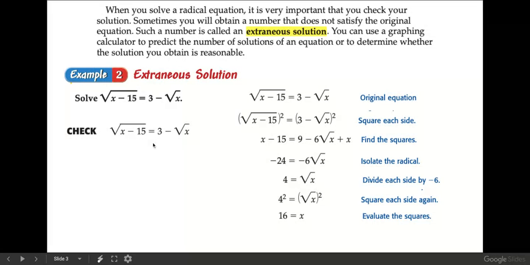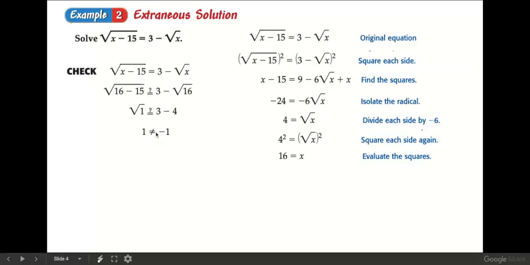Take my original equation and substitute in 16 for x. 16 minus 15 is 1, so the square root of 1 is 1. The square root of 16 is 4, so 3 minus 4 is negative 1. So 1 does not equal negative 1, and this did not work out. What does this tell me?